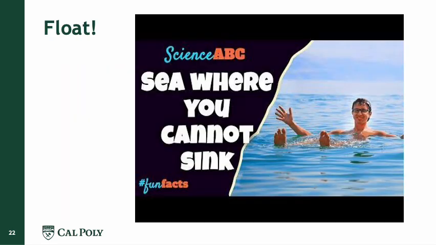Another example is in some types of sea where we have a high concentration of salt, and then you can float, and this is because of the change salt makes in the density of the water.